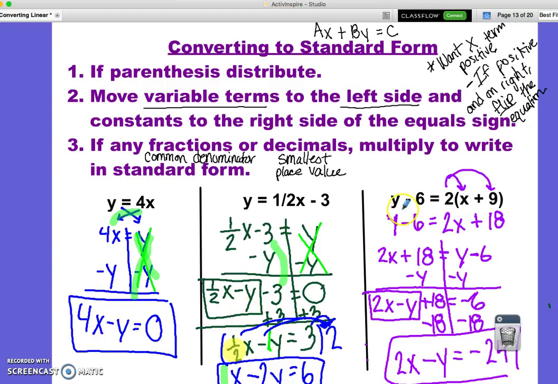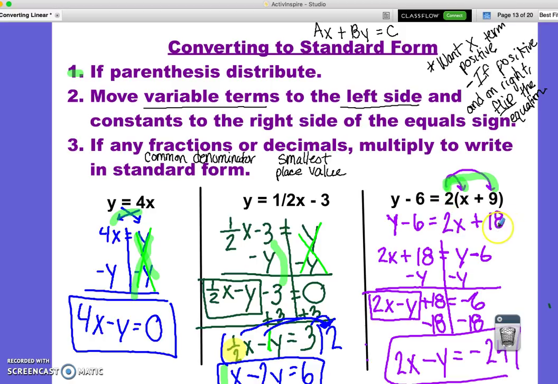This one, the first thing you have to do if you have parentheses is distribute. So I have to distribute the 2 times the x becomes 2x, 2 times the 9 becomes 18. You have to remember to distribute or multiply that 2 to both of these in here.